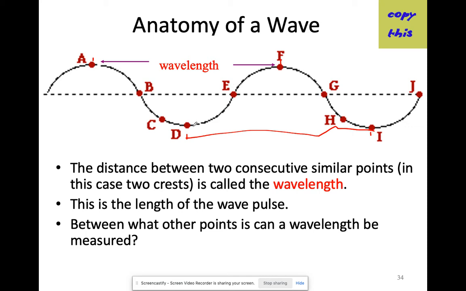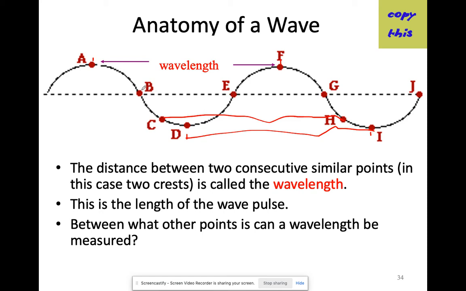Where else on here? Some people are saying, well, from C to H, that's another wavelength. You'd be right, because look, you're coming down the hill, coming down the hill. Now, a lot of people will say B to E. That would be incorrect. That would be half a wavelength, because look, we're coming down the hill, then we're coming up the hill.